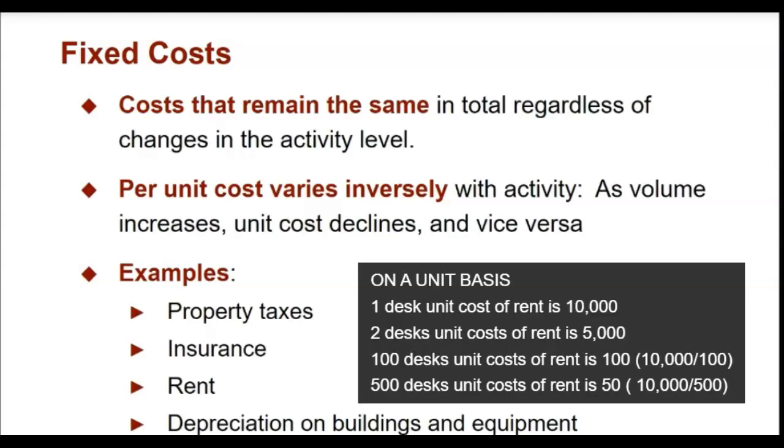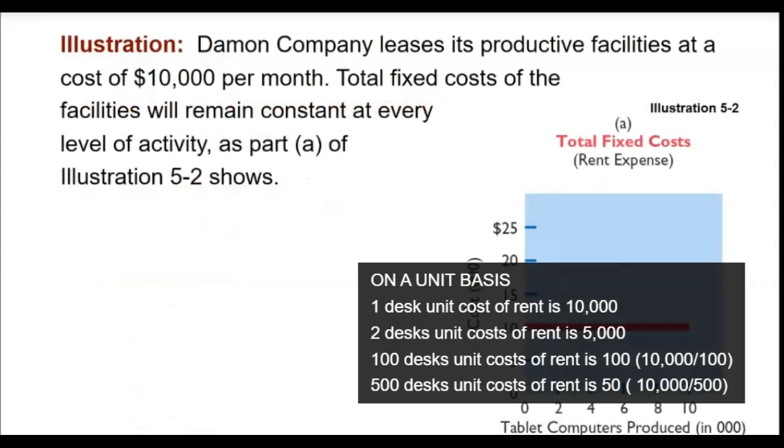But on a unit basis, if I produce one desk, the cost per unit is $10,000. But if I produce two desks, the cost per unit is $5,000. If I produce 10 desks, the cost per unit is $1,000, and so on. You see, on a unit basis, a fixed cost decreases as the level of activity increases.